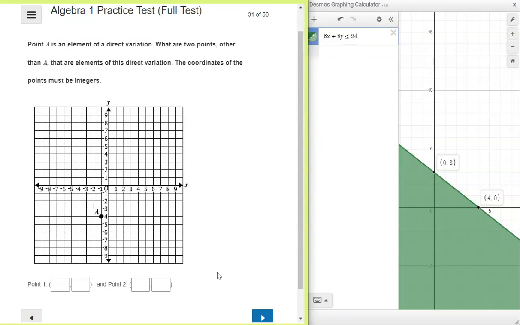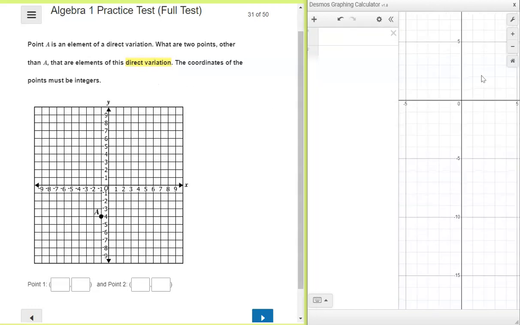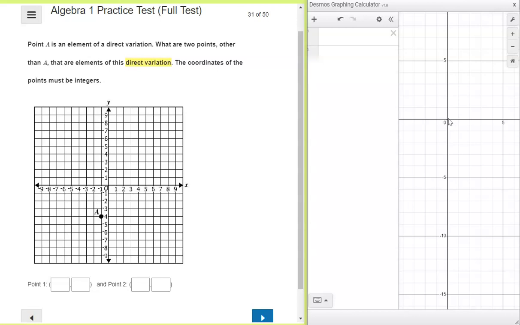All right, next one. Point A is an element of direct variation. What are 2 points other than A that are elements of a direct variation? Okay, so that would be our vocabulary word. Remember, for direct variation, we needed to go straight through 0, 0, and it has to be a straight line.